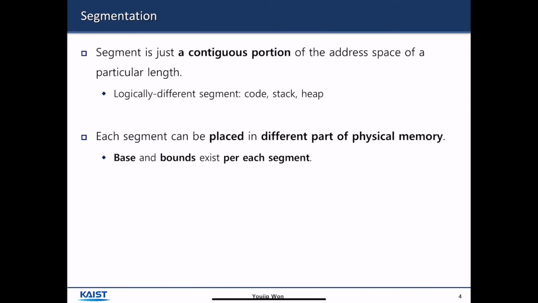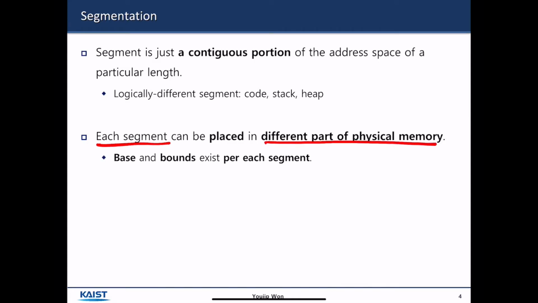Let me explain the notion of segment. A segment is a contiguous portion of address space of arbitrary length. So code, stack, and heap each form a different segment. In the segmentation-based relocation approach, each segment can be placed at different parts of physical memory.